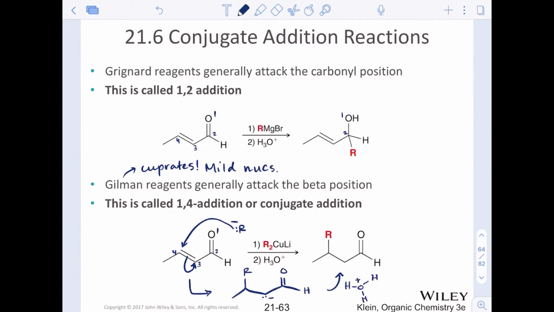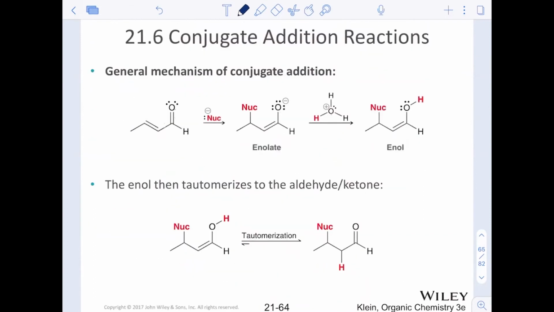We're going to go through that mechanism real quick. Okay, so general mechanism is going to be looking at undergoing a protonation of an enol. This is what we typically see just because of the ability of oxygen to hold the negative charge better than a carbon group. So when we have a Gilman reagent or a cuprate, that nucleophile attacks the beta position.